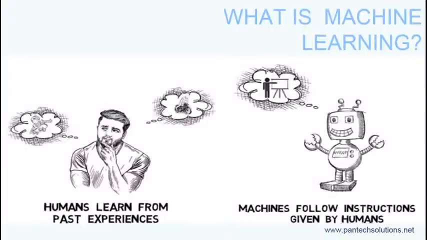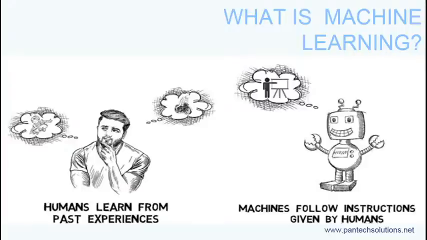Before we see what machine learning is, we need to come to one point. As human beings, we have some past experience, and based on that past experience we predict the future. For example, in the picture we have cycles, a motorbike and a skateboard.